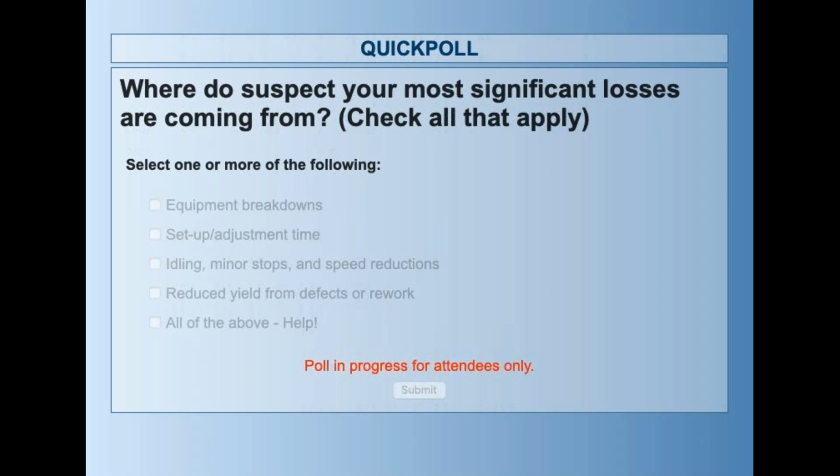Equipment breakdowns, setup and adjustment time, idling or those minor stops, speed reductions, things like that. Maybe it's reduced yield from defects or rework, or maybe all of the above, which is okay. It's okay to admit these things, right? I would suspect this will be more all over the board, but we'll see.